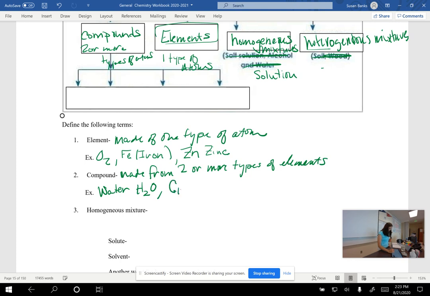Sugar is 12 carbons, 22 hydrogens, and 11 oxygen for sugar that you use as table sugar. Notice we have carbons, hydrogens, and oxygens. Another really good, easy one would be salt. So the table salt that you use to flavor your food is made up of sodium and chlorine put together. Okay, so those are pure substances.